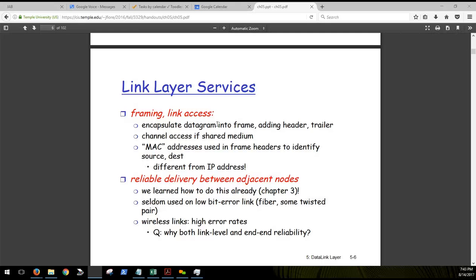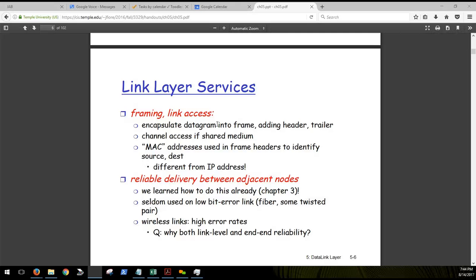What is it? I can't hear you. No, we have the transport layer. Nope. We're at the bottom.